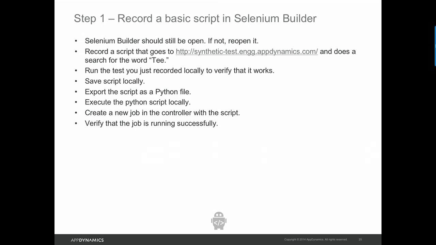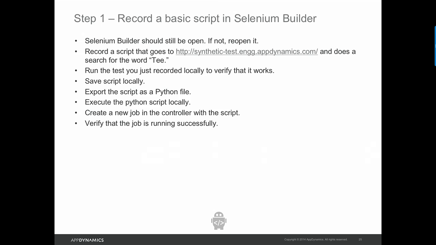And we're going to search for the word T-E-E in the search box. And once that's done, see if you can figure this out by looking at the Selenium Builder. I'll be right behind you and walk through this for you on the screen.